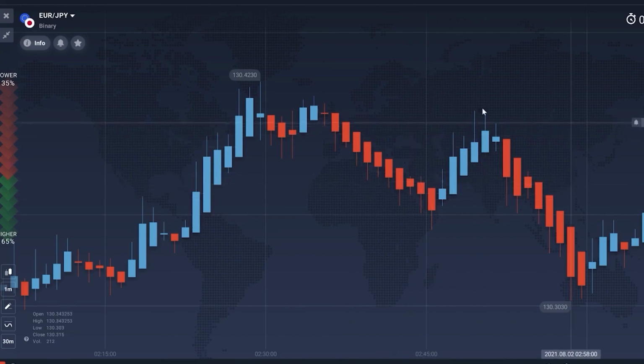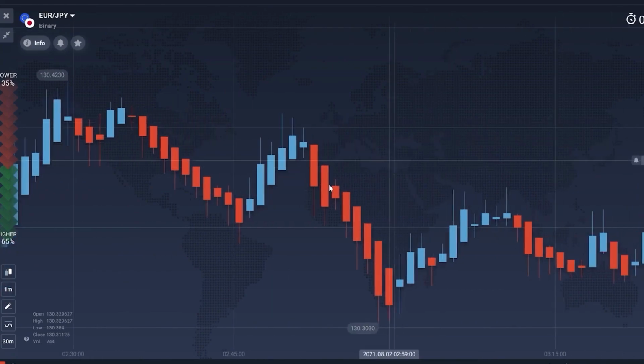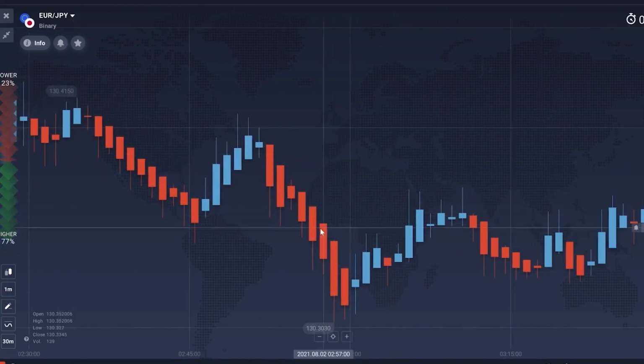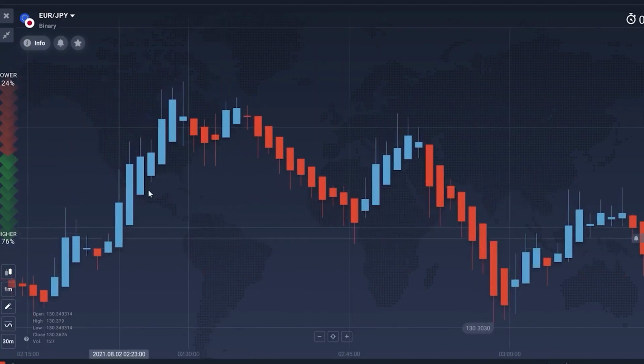The smaller the body and the larger the shadow, the more we understand that the strength of the trend has decreased. In a downward trend, the upper shadow shows the weakening trend, and in an upward trend, the lower shadow does the same. As I mentioned in the first rule, the candles should be consecutively green without red ones in between. For example, in a situation like this, we can't say it's a very strong upward trend, or here, something like this doesn't indicate a strong upward trend.